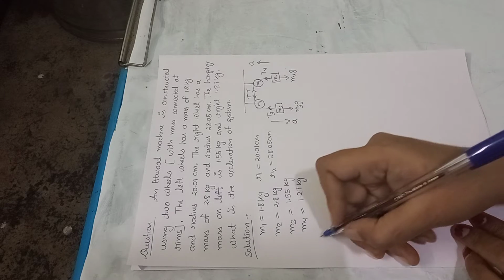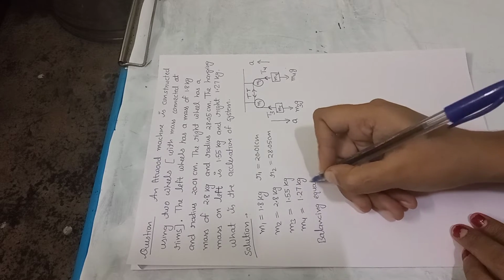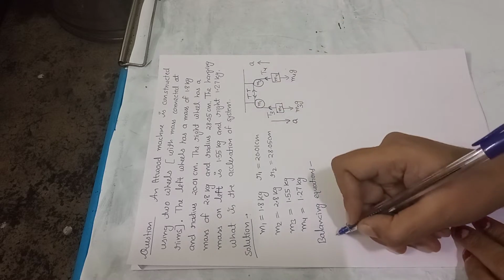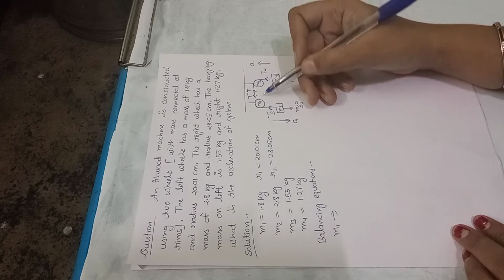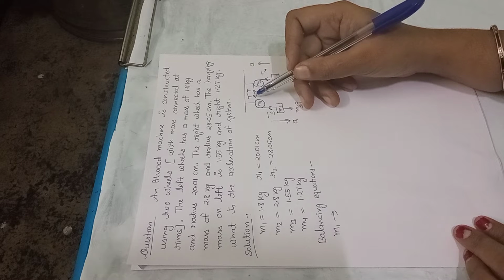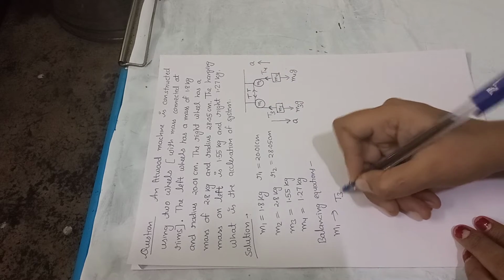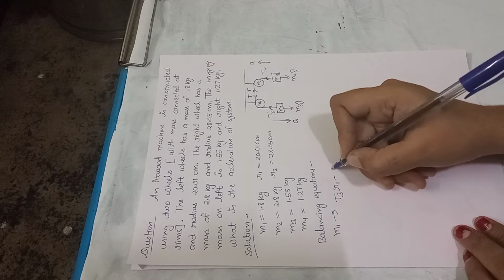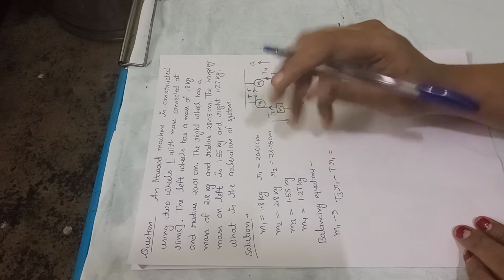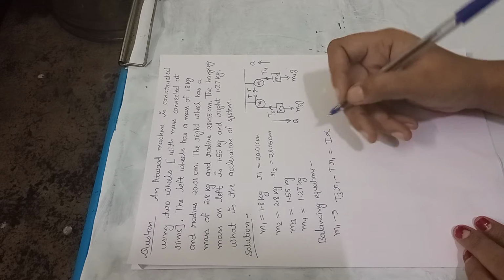Now if we write the balancing equations, first we will write the balancing equation for m1 mass. Because the object is moving in this direction, we can write T3 R1 minus T R1 is equal to, because the wheel does rotational motion, torque equal to I alpha.